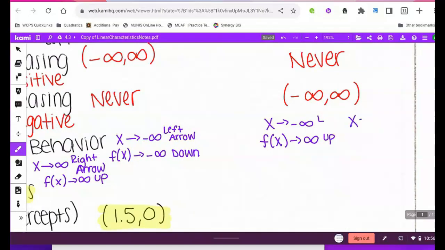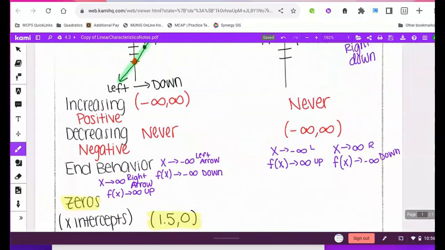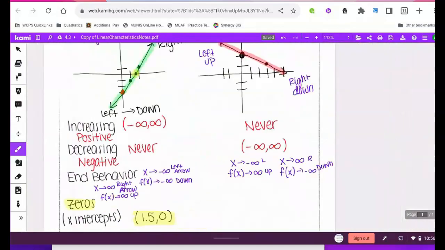Now, the other arrow, x approaches positive infinity, that's our right arrow. The right arrow is pointing down, so f of x is approaching negative infinity. Really all we're doing is deciding if we're going to put in infinity or negative infinity based on which way the arrow is pointing.